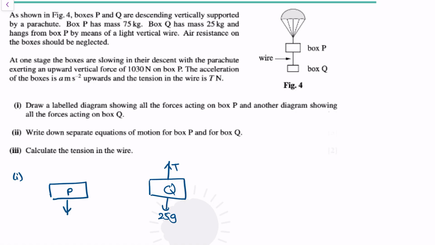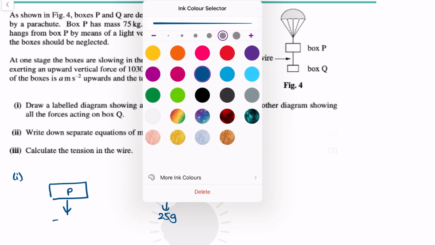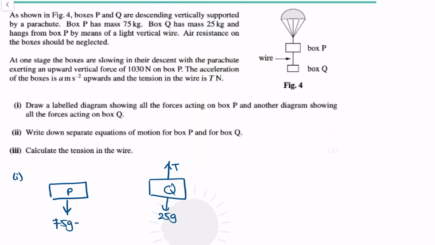Box P feels its own weight, which is 75g, plus the tension from the wire. And we know that there's a vertical upwards force of 1030 newtons on box P. We also know both of them are accelerating upwards, so A.